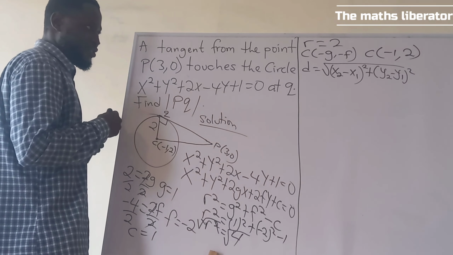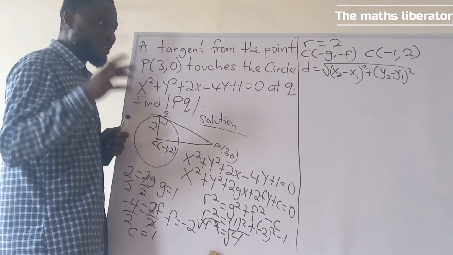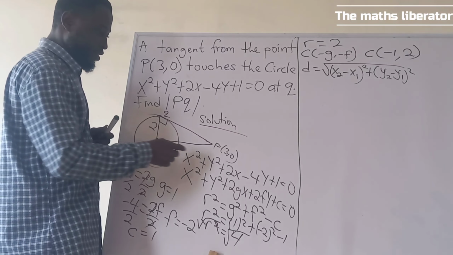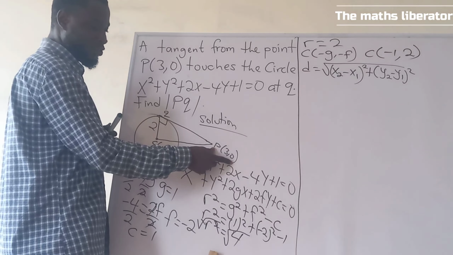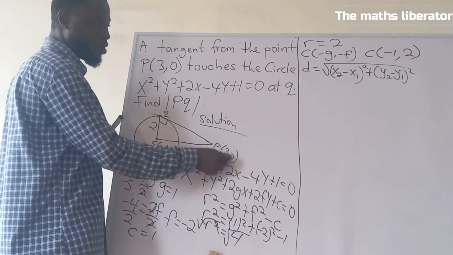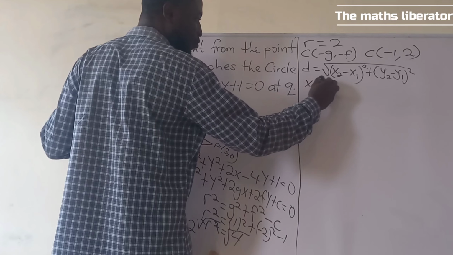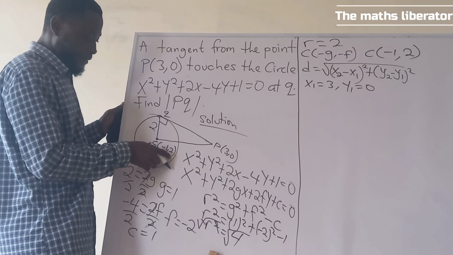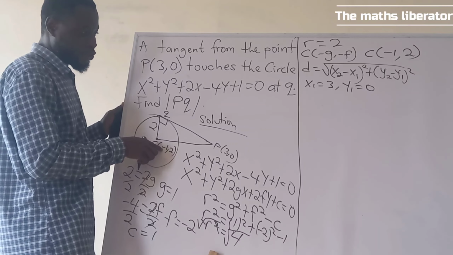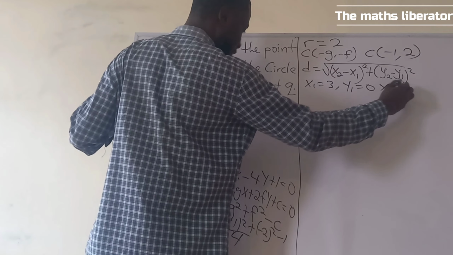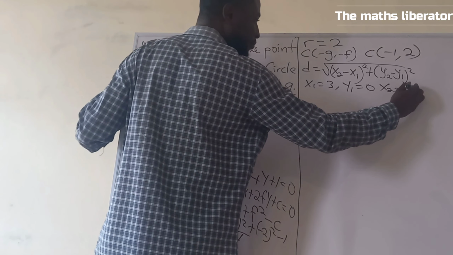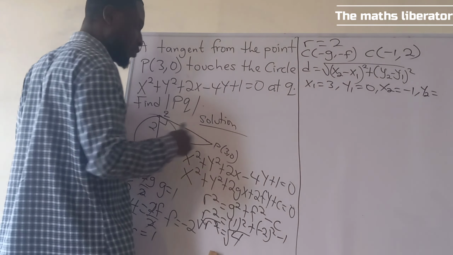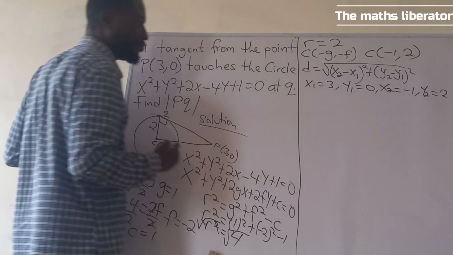Let's write the data. My first point: x1 equals 3, y1 equals 0. My second point: x2 equals negative 1, and y2 equals 2. Very simple.